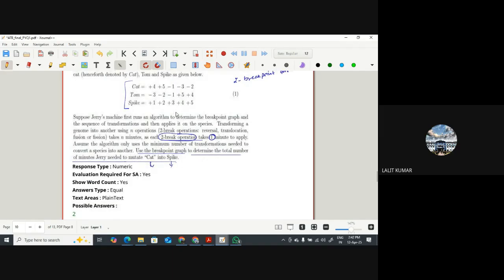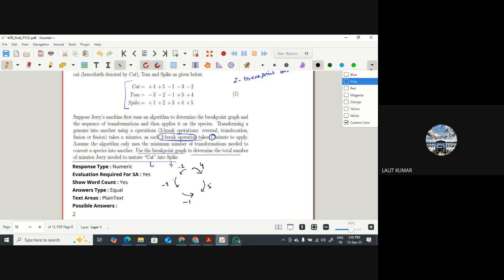Cat is +4, and we make it cyclic. So what we will do, we will make cat +4, +5, -1 is on the opposite side, -3 is on the opposite side, -2 is on the opposite side.